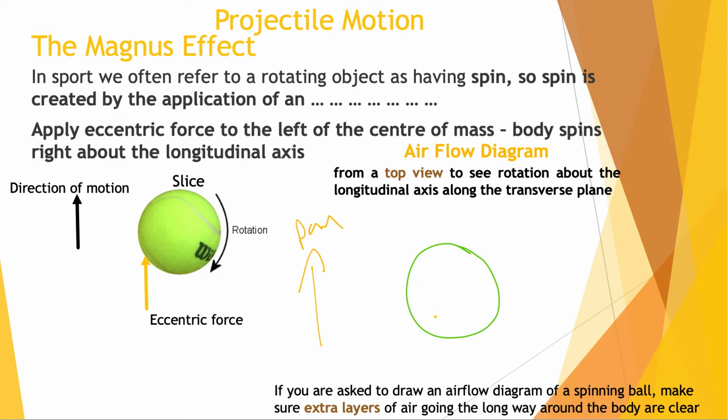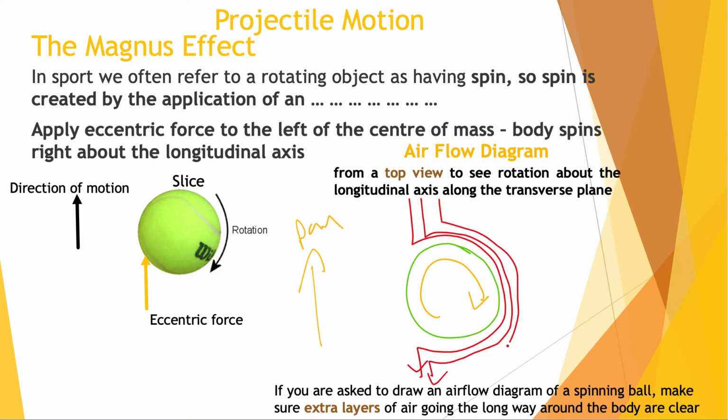And finally, again looking at it from the top, I've got my direction of motion here. The rotating object this time is rotating this way. Airflow lines are being forced now in this direction, fast around this side of the ball in order to meet the air at the other side, slowly around this side of the ball. So I'm taking more layers of air this side than this side.